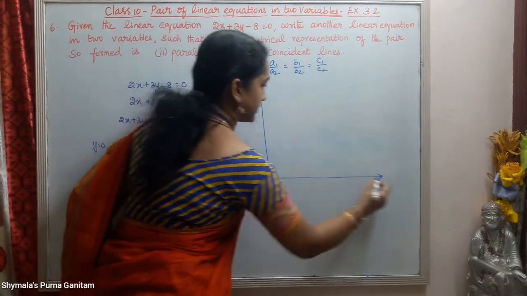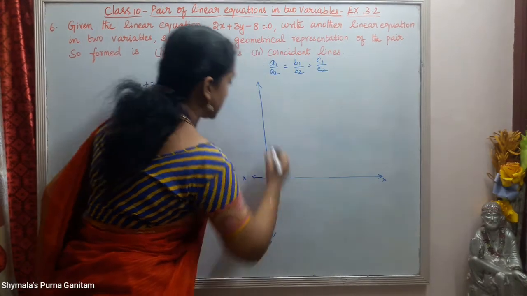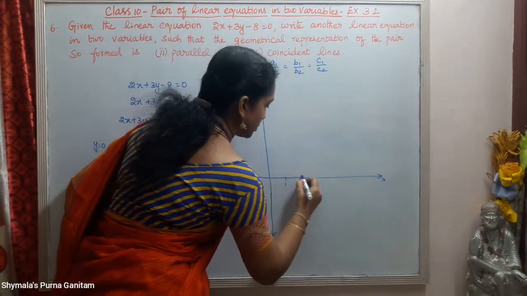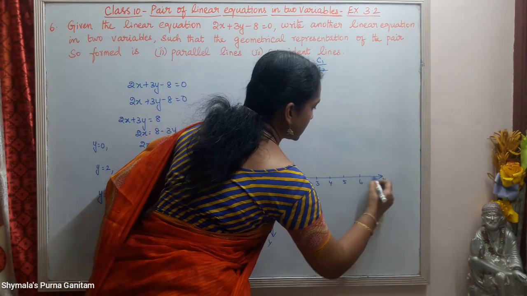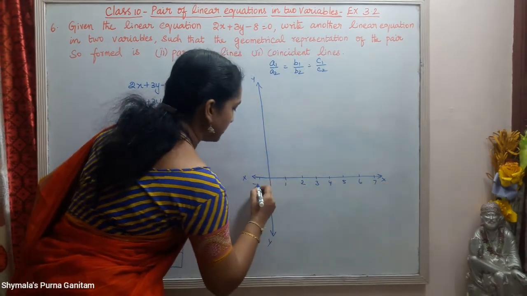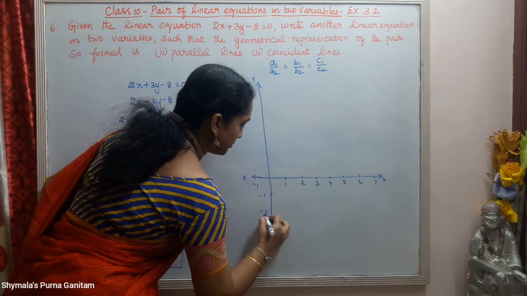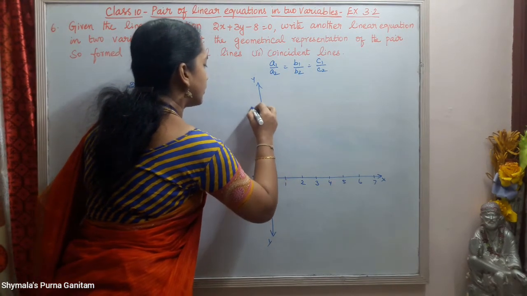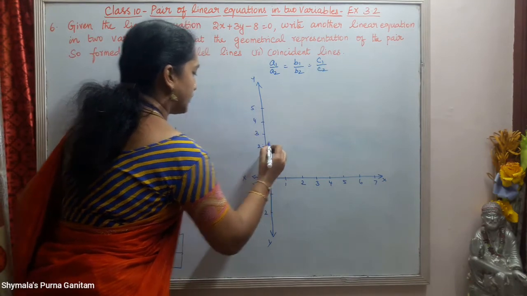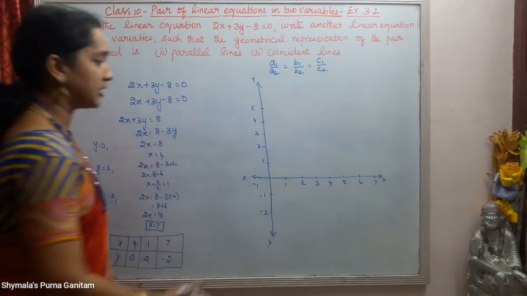So this is the x-axis, this one is the y-axis. So this is 1, 2, 3, 4, 5, 6, 7, minus 1, minus 2. This is 1, 2, 3, 4, 5. So the first point is 4, 0.